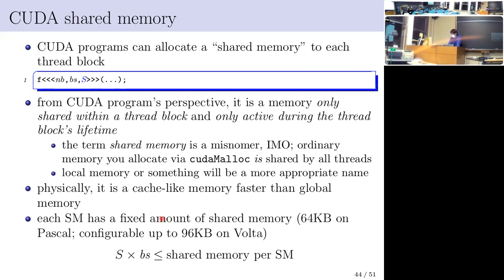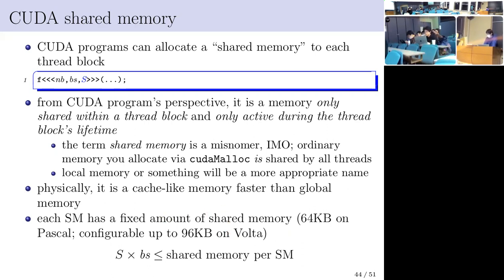And so the obvious limitation that stems from the limited size of the shared memory is that... Did I get it right? S multiplied by BS. So S is the size of the shared memory given to each thread block.